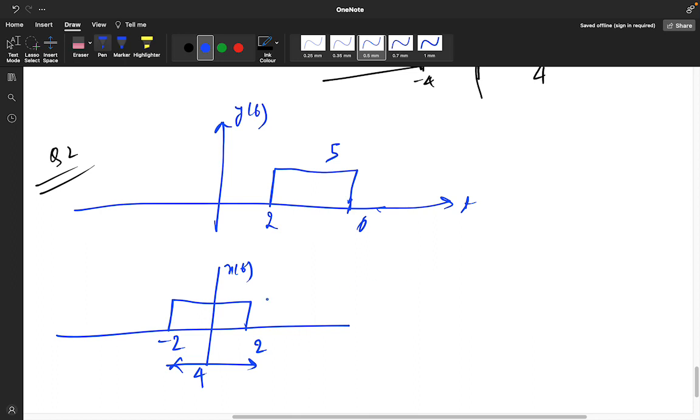And this x of t value is given as 5 rect t by 4, and the value must be 5. So from here we can say 5 rect t by tau, where tau by 2 is the half-width.